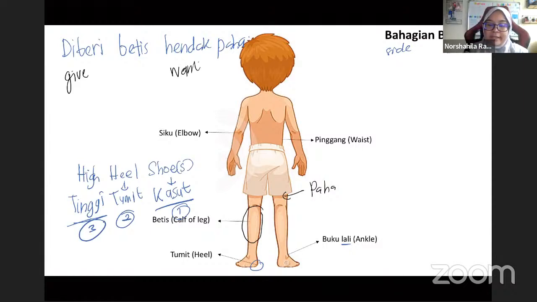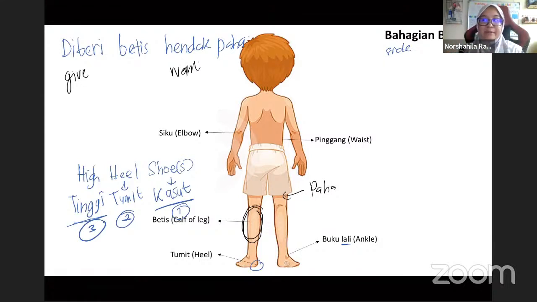That means we already get something, we give something small, maybe a little amount of money, but you want more. That's why diberi betis hendak paha, because the betis, a calf, is very small compared to paha. So this is one idiom that we can use with a body part.